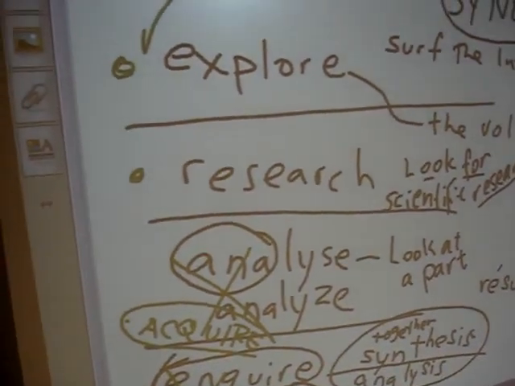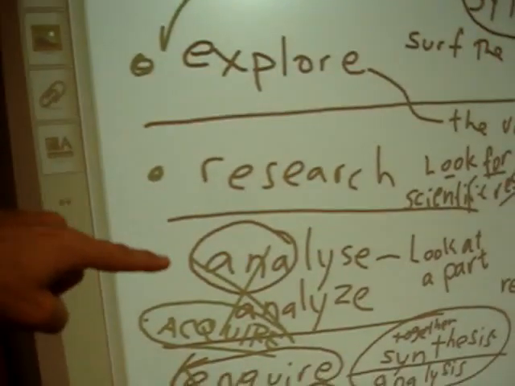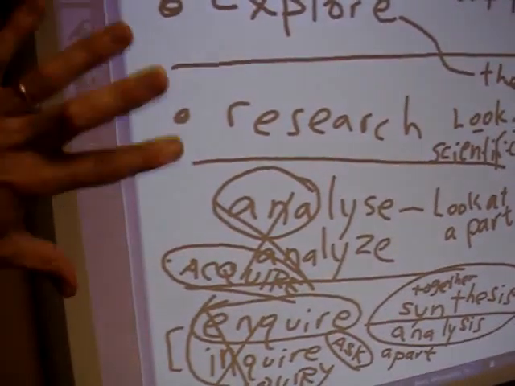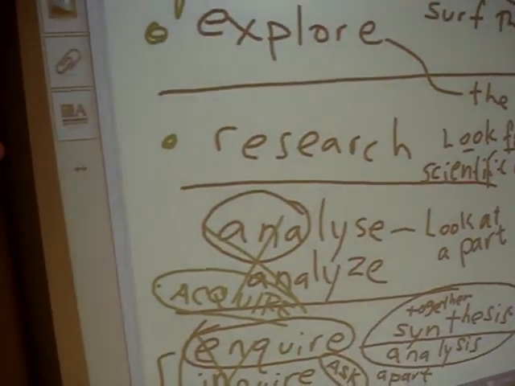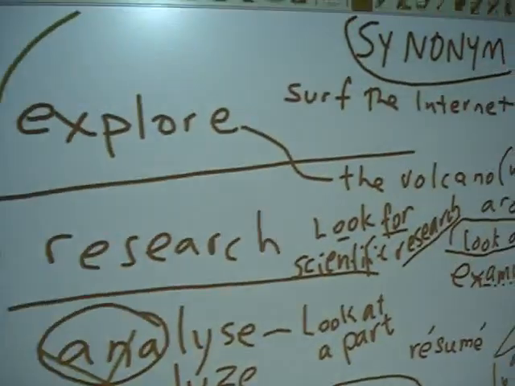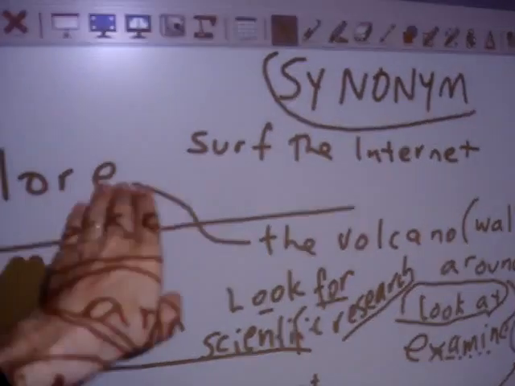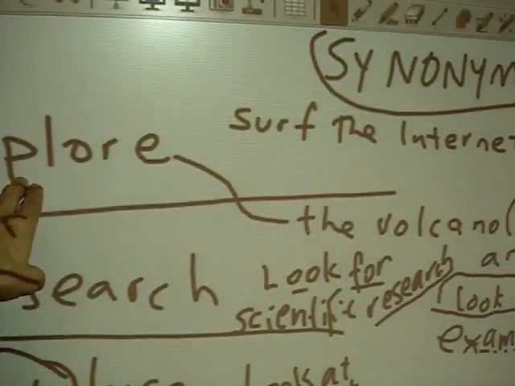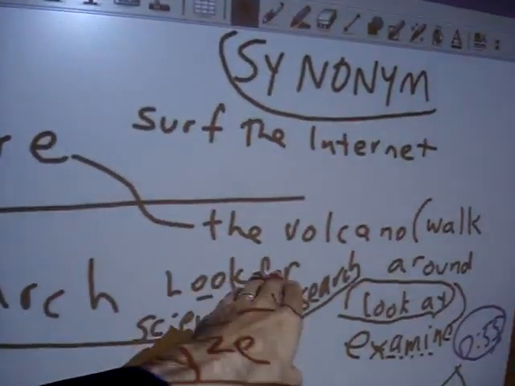Now, we took 4 words: explore, research, analyze, and inquire. We wanted to know which was a little different. Let's think about sentences. We can explore the internet, we can surf the internet, but you can't surf a volcano.